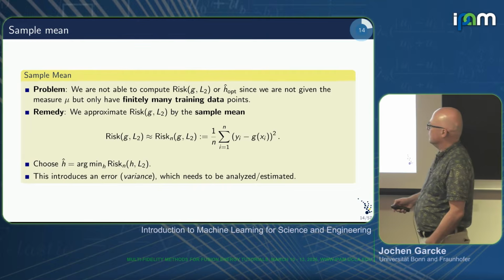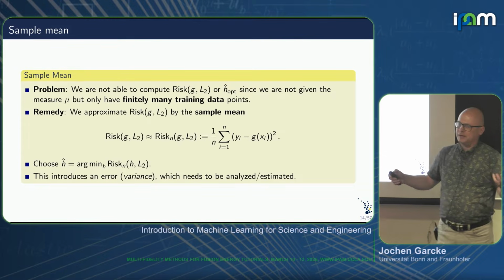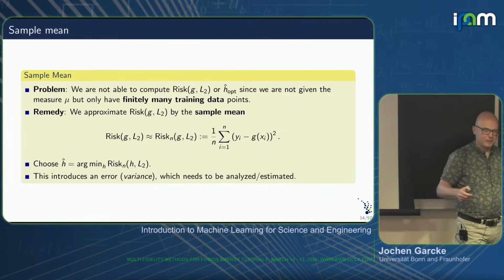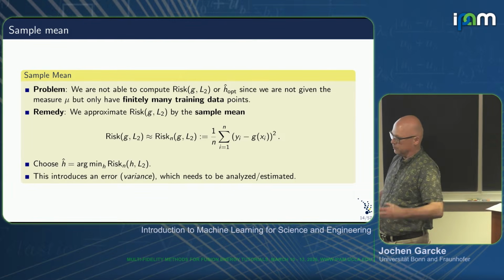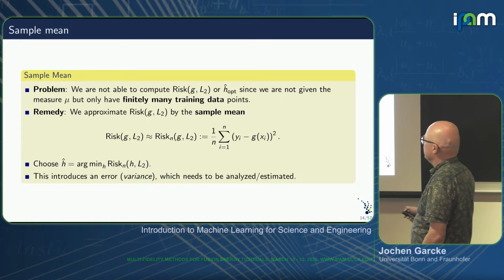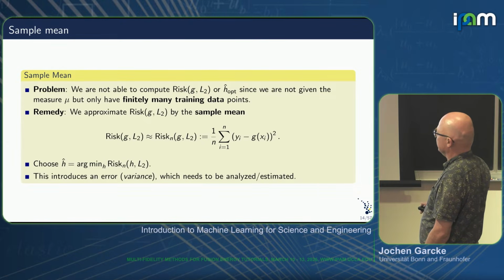And of course, we can write it as an expectation, but we have a limited amount of data, so we need to estimate that with finite, limited training data, so we do some approximation. We approximate that by the so-called empirical risk, which is a sum over our data.